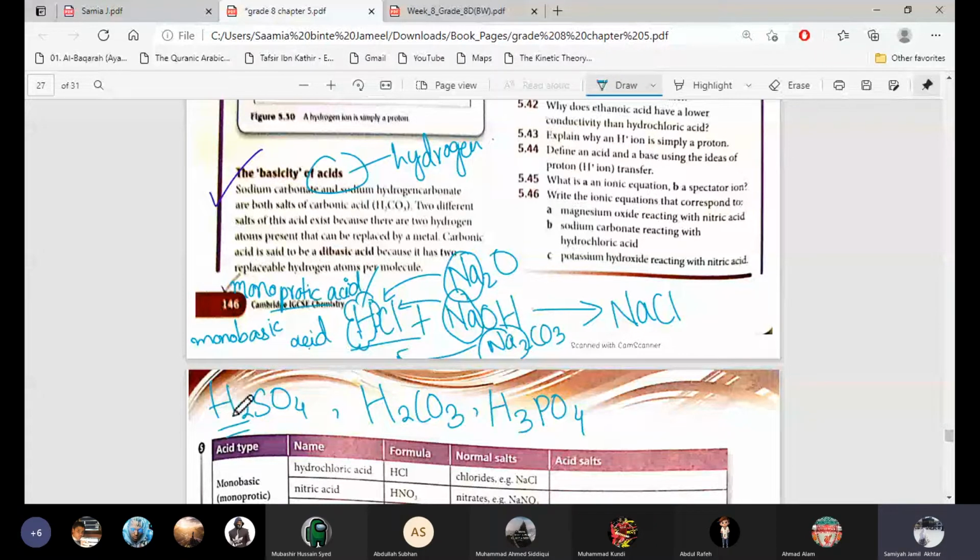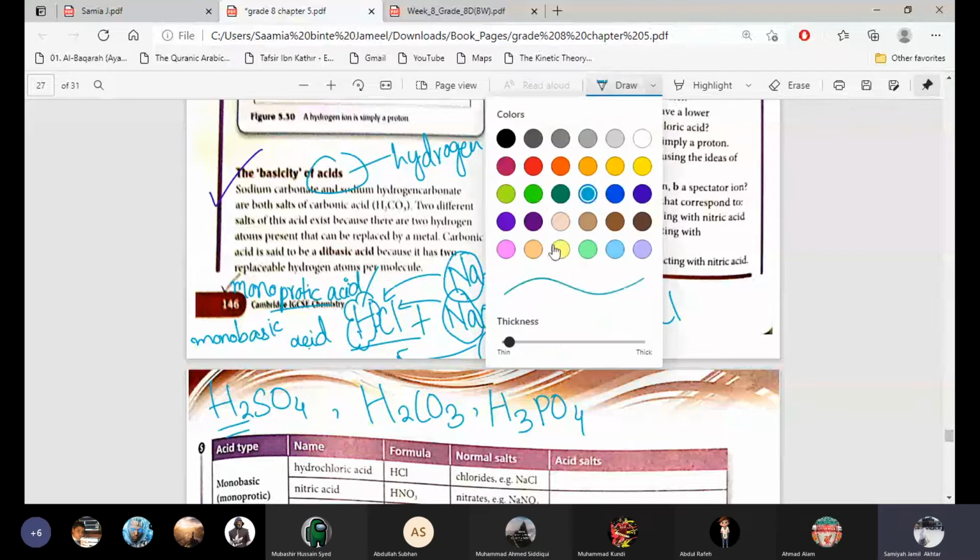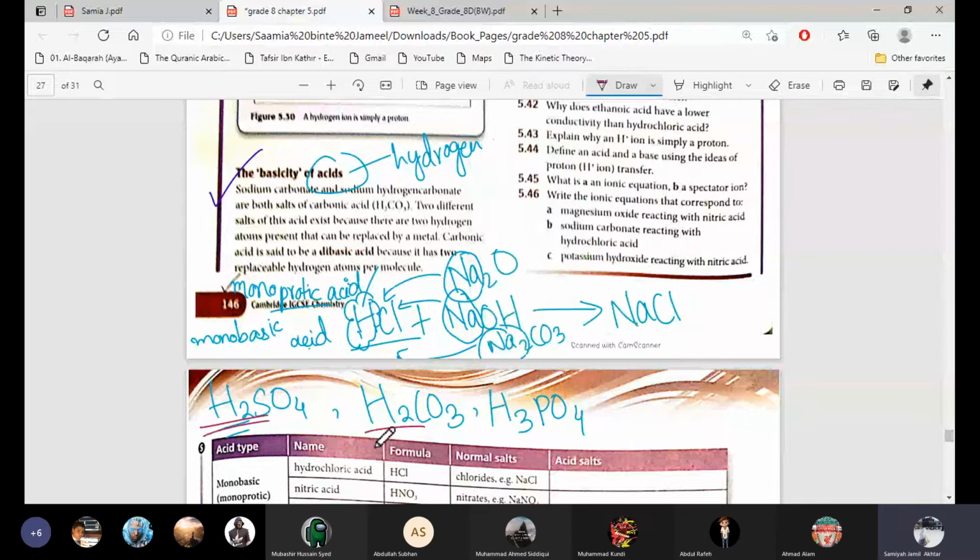Similarly, in H2SO4 and H2CO3, you can see there are two replaceable hydrogens. So their name will be diprotic acid, or also dibasic acid, which is written over here at the top.